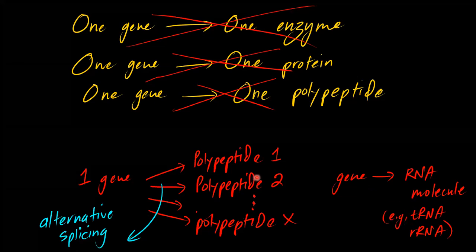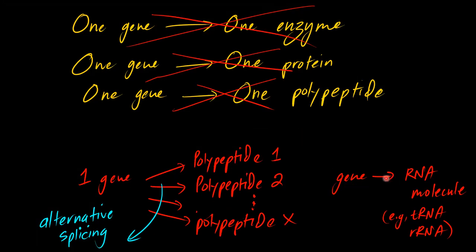So as you can see now, this statement is not valid because some genes encode more than one polypeptide, and some genes do not encode polypeptides or proteins, they encode RNA molecules.